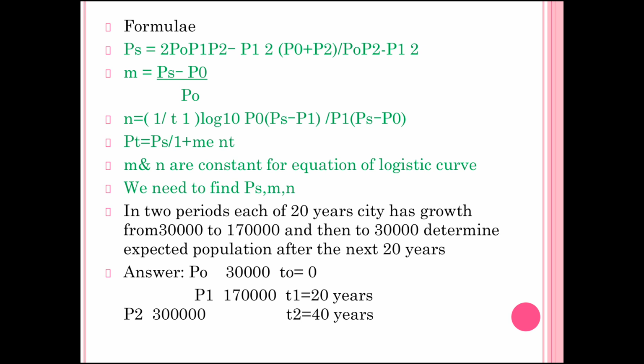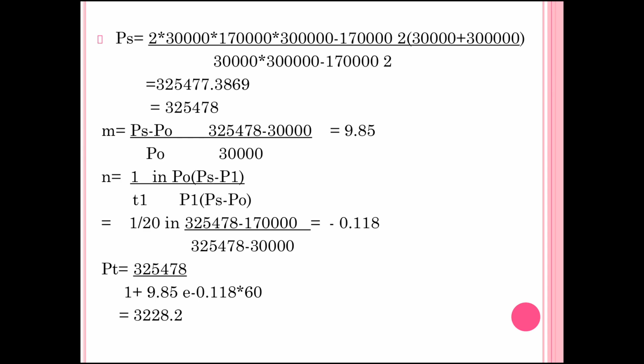Then P1 after time t1 equal to 20 years is 1,70,000. Then P2 after time t2 equal to 40 years becomes 3 lakh. This is given. Now put these values in the given formula.